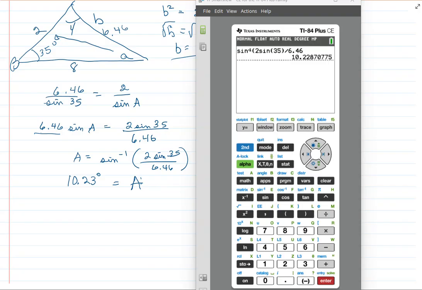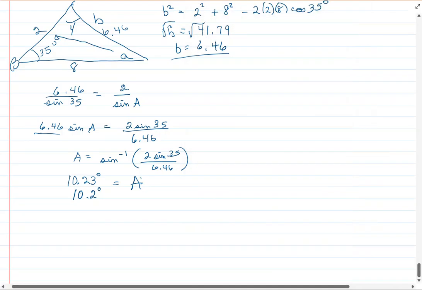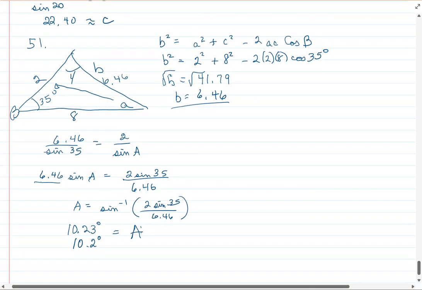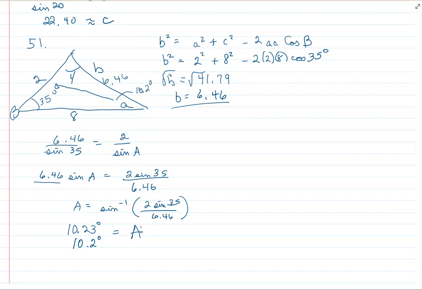Okay, so now I have this angle. I could use a multitude of things on this, because we've got everything that we need except for the one angle, which is y.